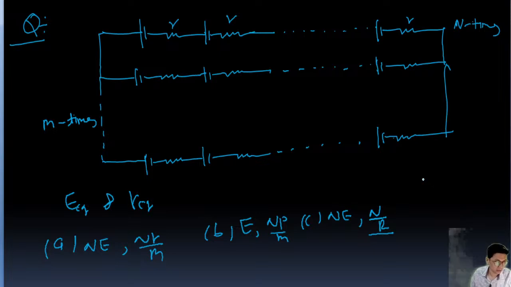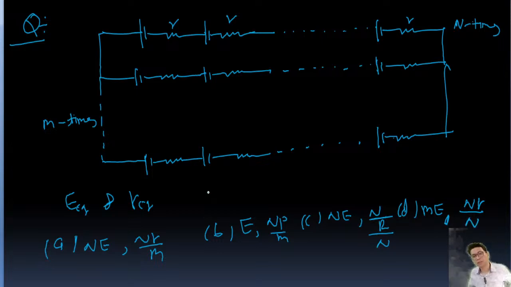And option D is mE comma nR upon n. These are the options given, guys, and this is the question.